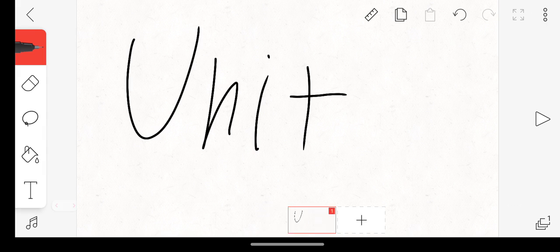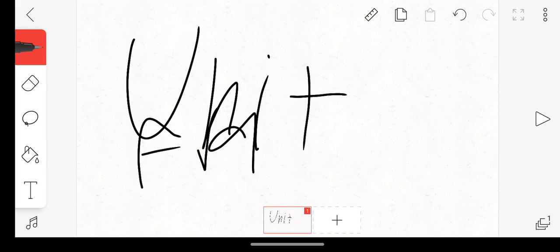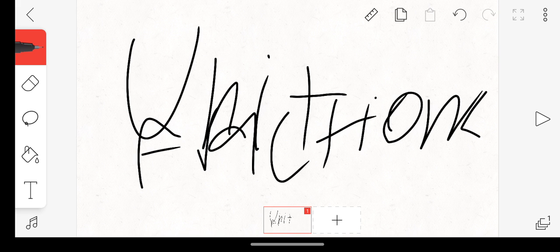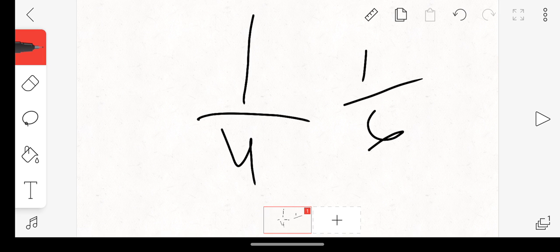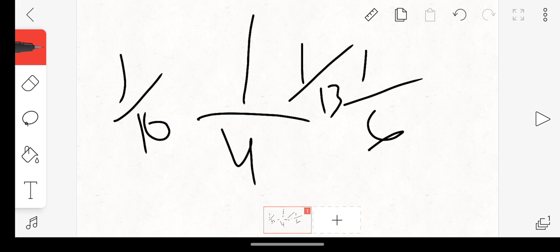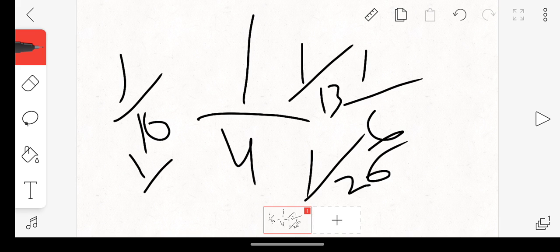Now let's learn about unit fractions. Unit fractions are basically the number 1 over something: 1/4, 1/6, 1/10, 1/13, 1/20, 1/50, 1/69.